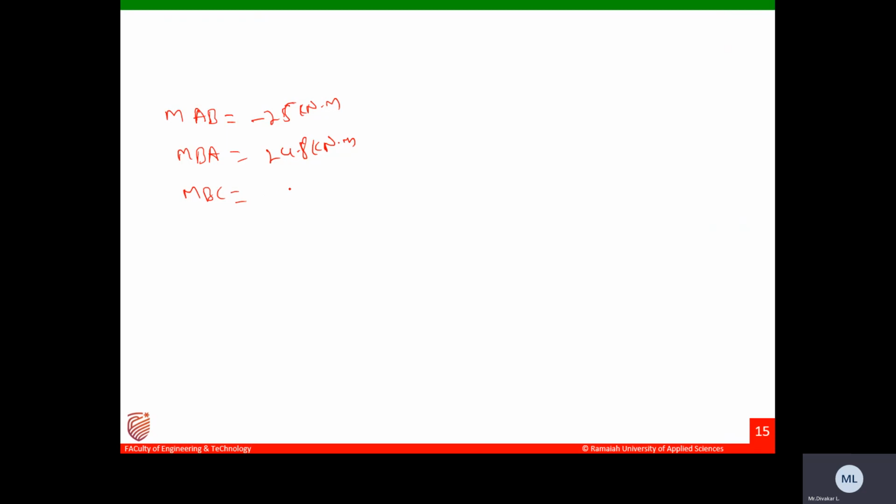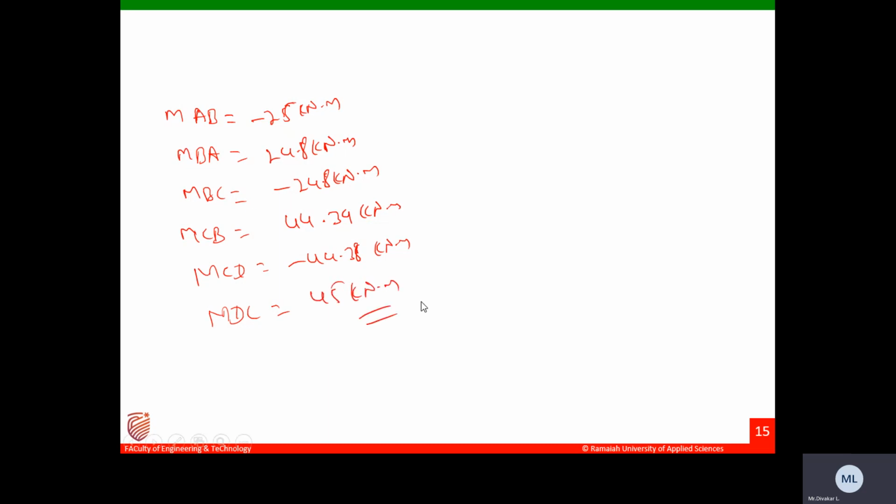Similarly, MBC equals minus 24.8 kilonewton meters, and MCB equals 44.39 kilonewton meters, and MCD equals minus 44.38 kilonewton meters, and MDC you will get 45 kilonewton meters.